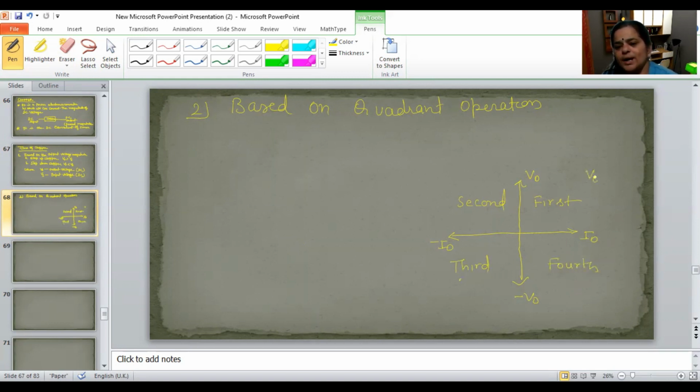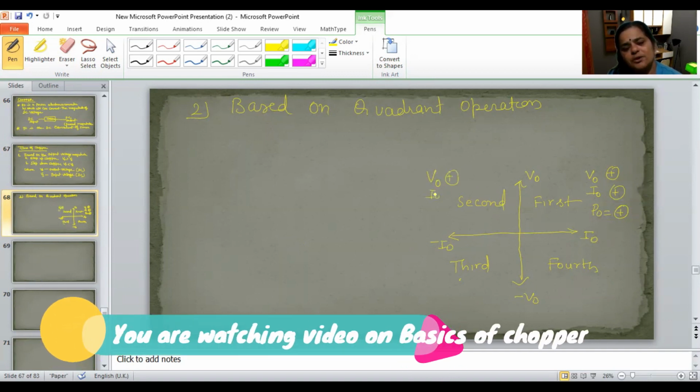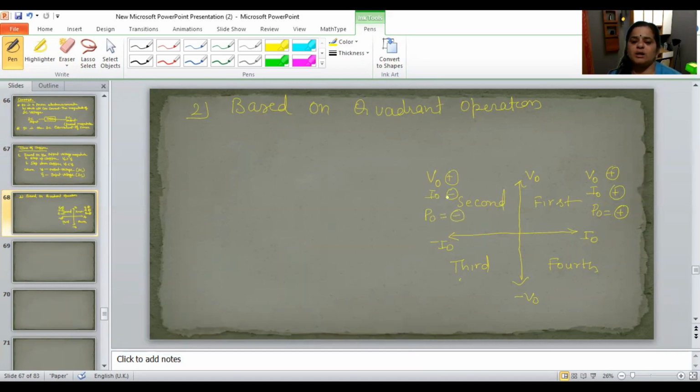In the first quadrant, load voltage is positive, load current is positive and the load power is positive, because power is the multiplication of voltage and current, and the multiplication of two positive quantities is positive. In the second quadrant, V0 is positive, I0 is negative and power will also be negative, because the multiplication of one positive and one negative quantity gives a negative quantity.